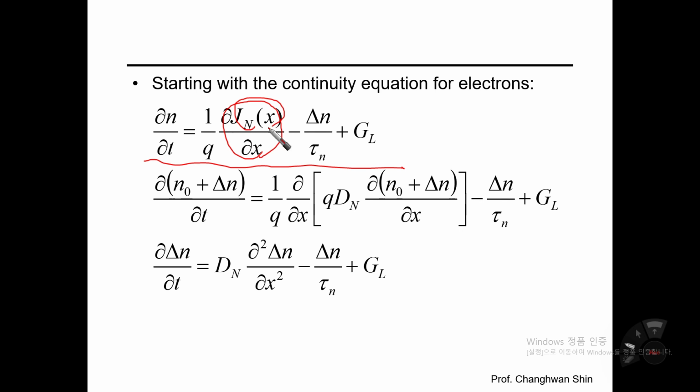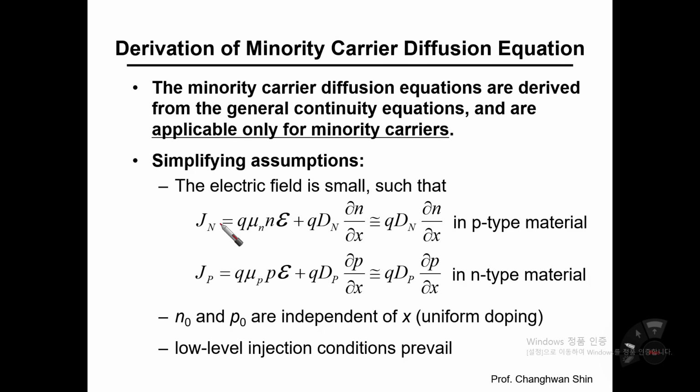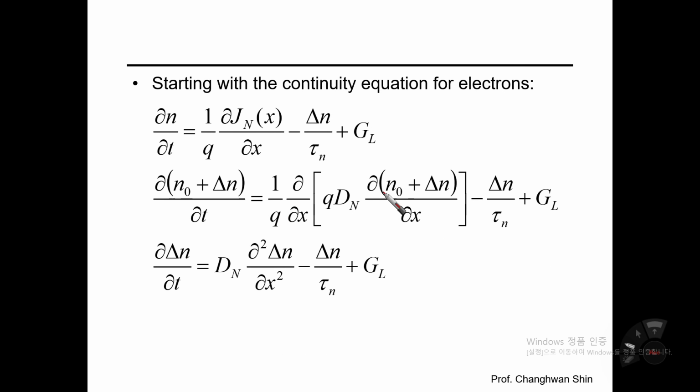And this Jn of x, what is this? Go back to the previous slide. The electric field is small, so you can just use this. Plug in q times the derivative with respect to x. So Jn has been plugged into this bracket.